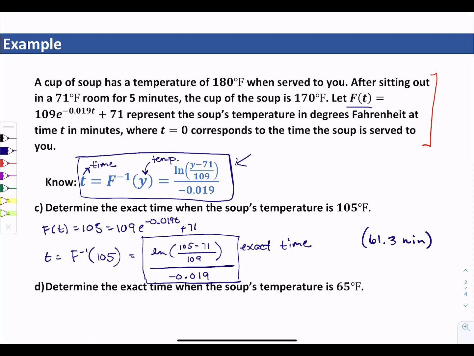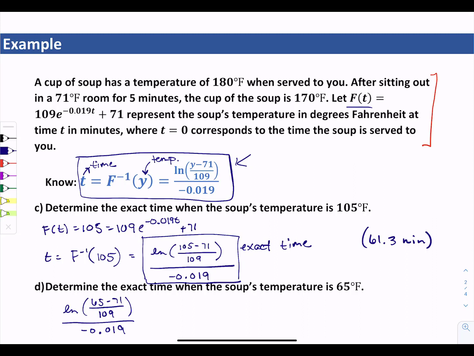All right, lastly it says, determine the exact time when the soup's temperature is 65 degrees Fahrenheit. So if you were to try to take the natural log of 65 minus 71 over 109 divided by negative 0.019, you're going to get an error.